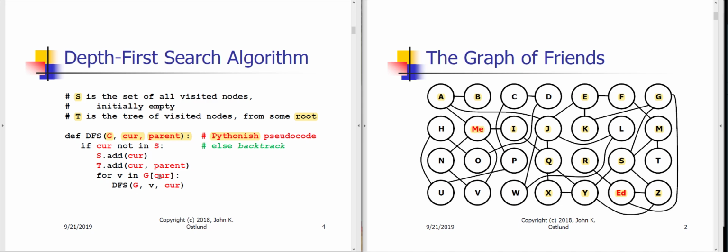It really just has to be an exhaustive list of all of the immediate neighbors. So for each neighbor of the current node, we're going to call DFS again with the neighbor as the current node and our own current node as the parent of that neighbor. And this recursion will go down through the tree until we eventually hit a node that is already in our set of visited nodes, at which point we will backtrack up the recursion.